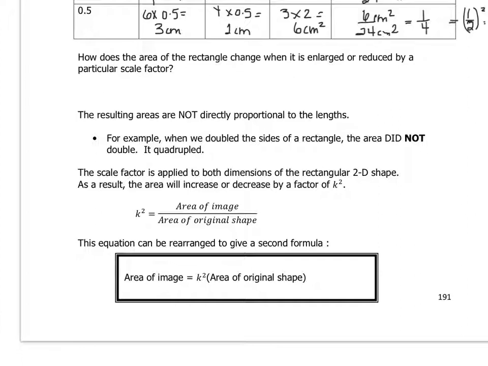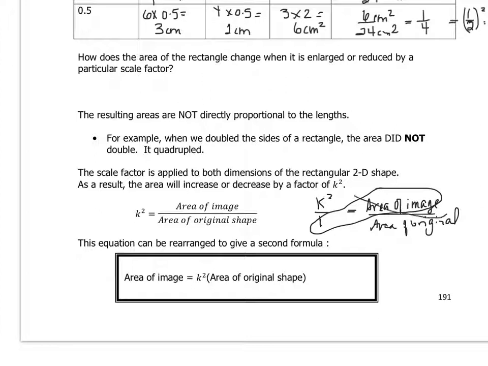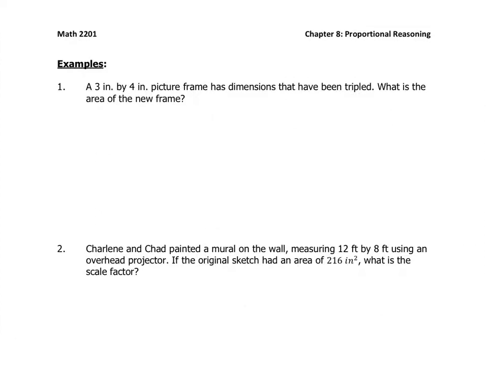If you think of it as k squared over 1 equals area of image over area of original, then if you cross multiply, you'll end up with the equation that the area of the image is equal to k squared times the area of the original shape. So let's try some examples now with this new formula.